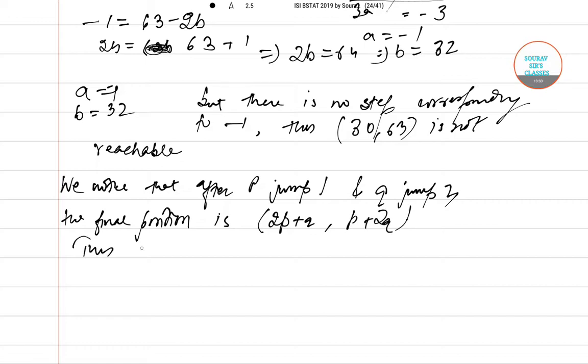Thus the sum of coordinates is 3P plus 3Q.